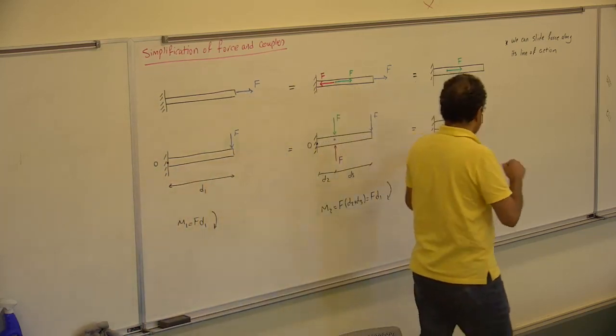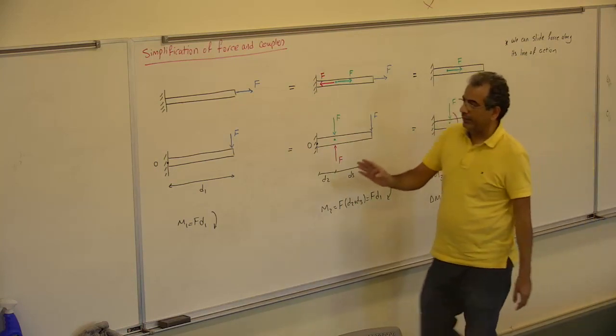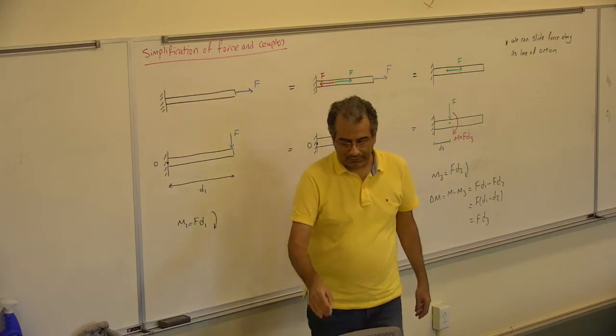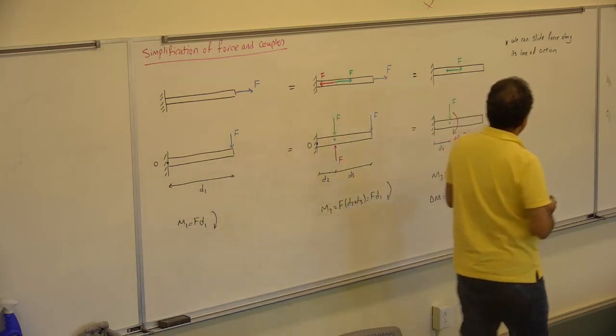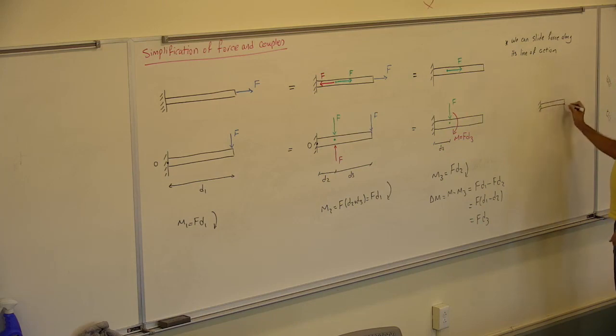It's not that I'm always losing. Assume it was the opposite. F was here and I move it to the tip. I assume the first case was like this. I have the force here, and then I want to move the force to the tip.